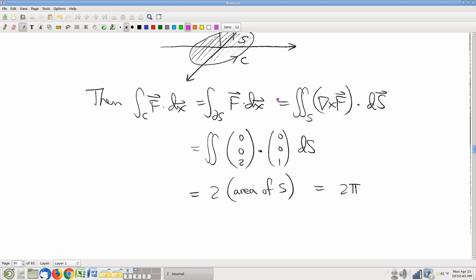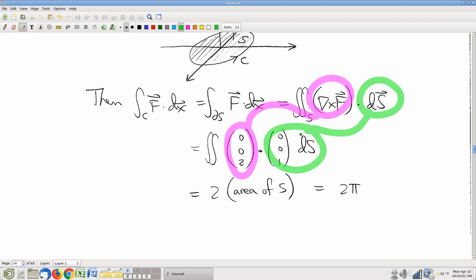And the curl in this case is 0, 0, 2. By the way, notice not 0, right? That's how you know right there that there's no anti-gradient. The curl isn't 0. Okay, and then the dS vector. Now, just because it's convenient in this case, I'm rewriting the dS vector as little n dS scalar.